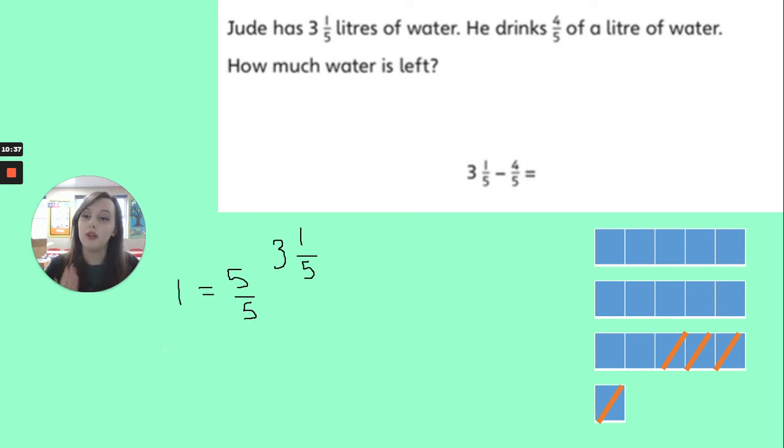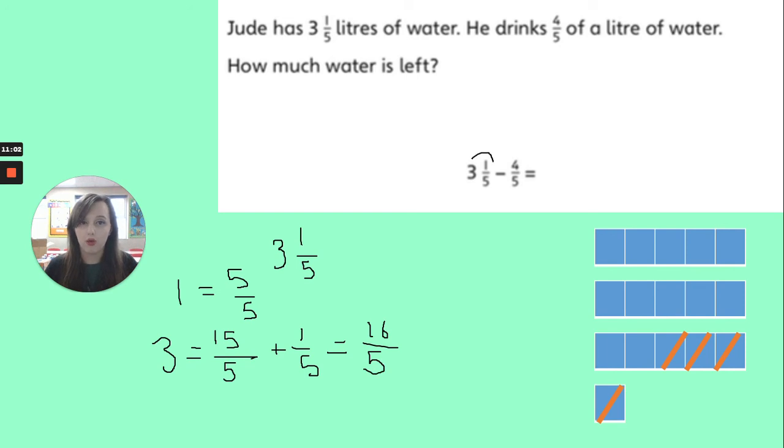So I know that in 3 wholes there are going to be 15/5 because 3 lots of 5 is 15. So if I have 3 wholes and 1/5, I actually have 15/5 and another 5th, and that's 16/5. Now I know what 3 wholes and 1/5 is as an improper fraction.